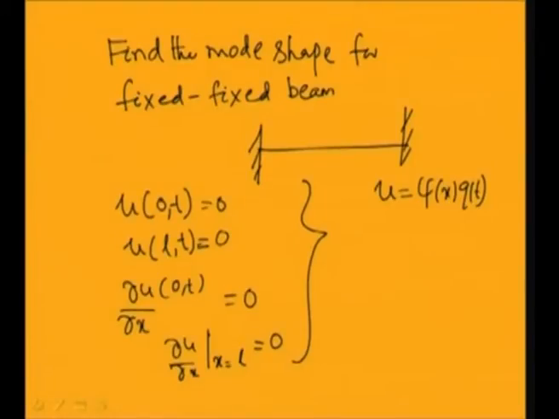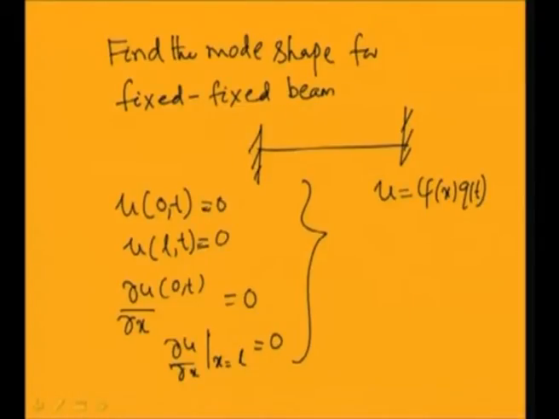By taking these 4 boundary conditions and substituting u, as we already know, u equal to psi x into q t, as it is present for all times at these boundaries, these terms become 0.